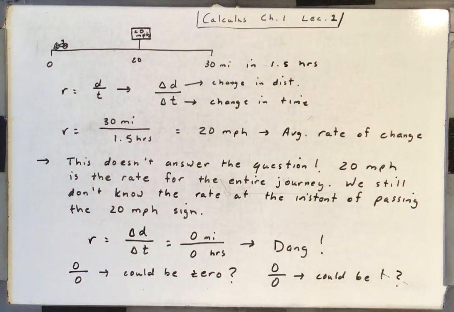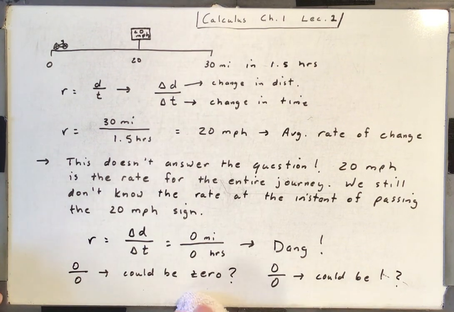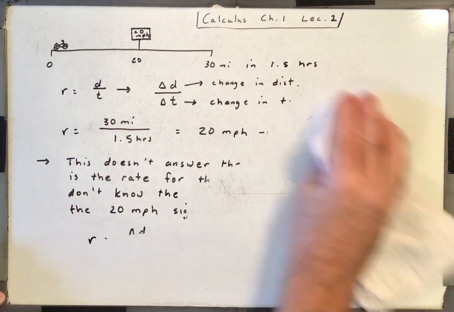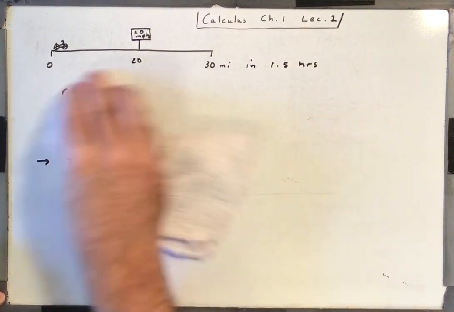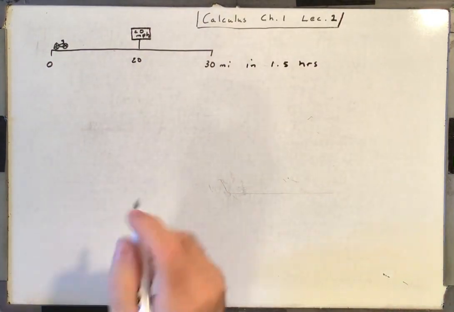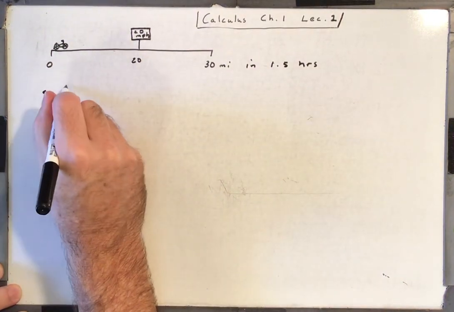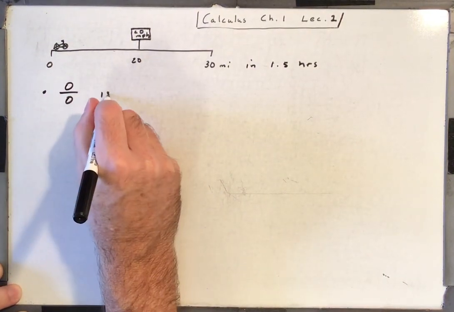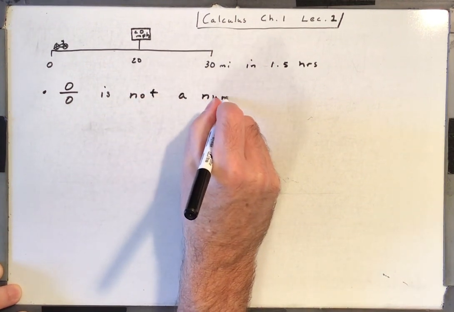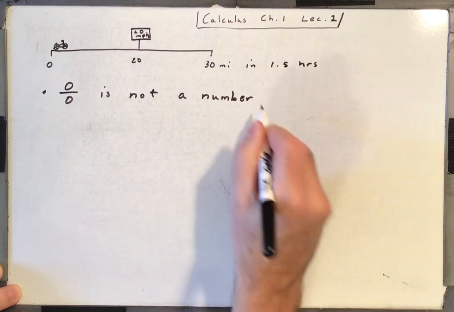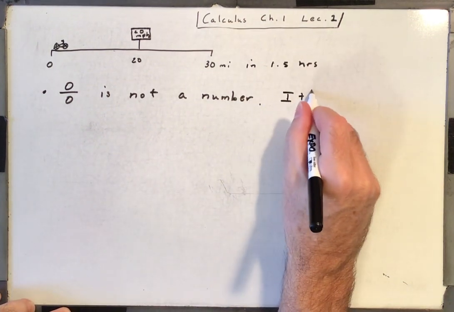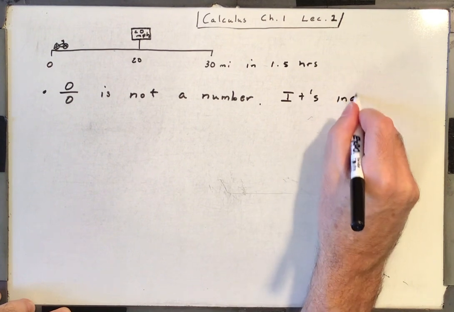When we have 0 over 0, so I'm going to take a moment to erase here and start back up. I'm not going to erase our bicycle line though. 0 over 0 is not a number. It's indeterminate.